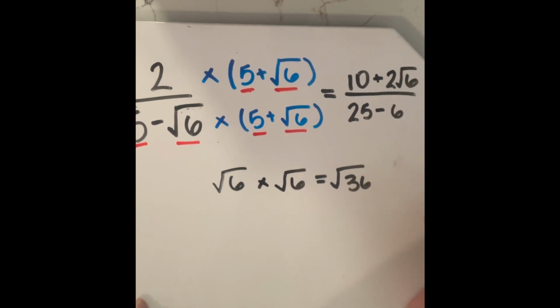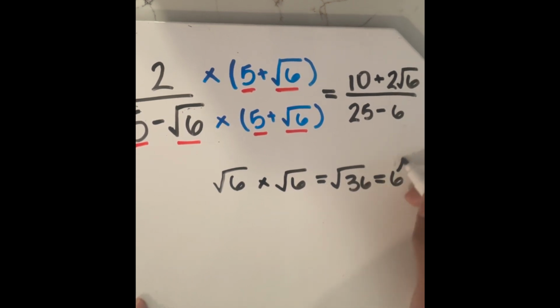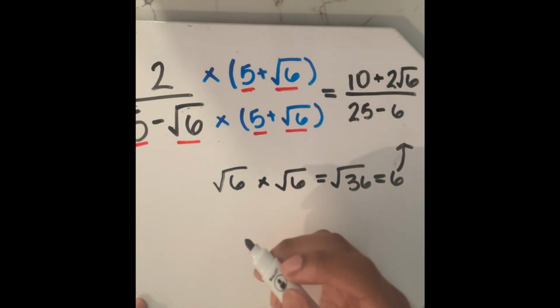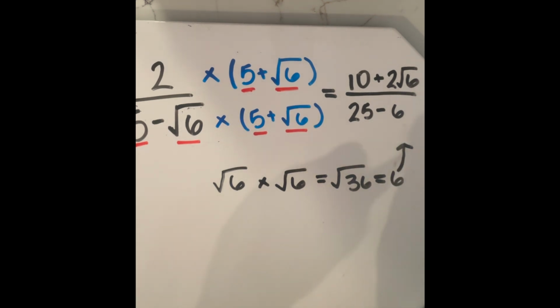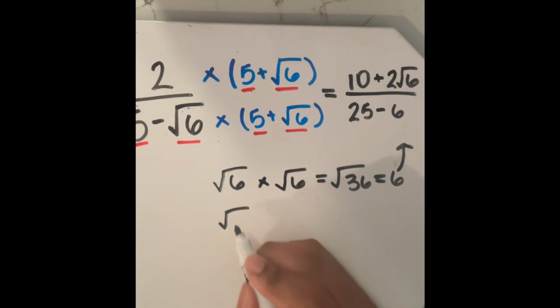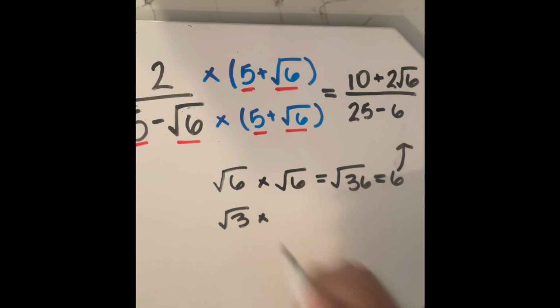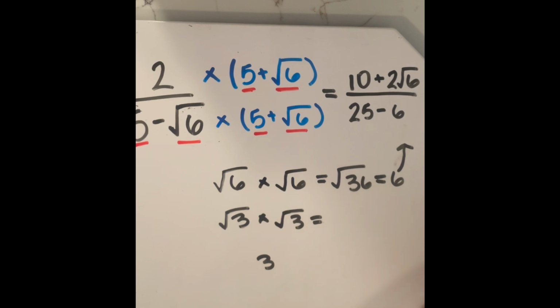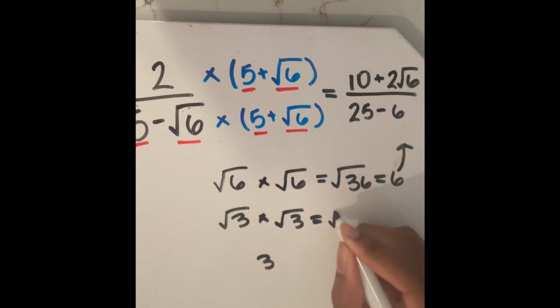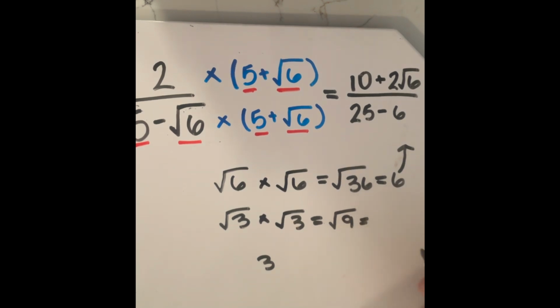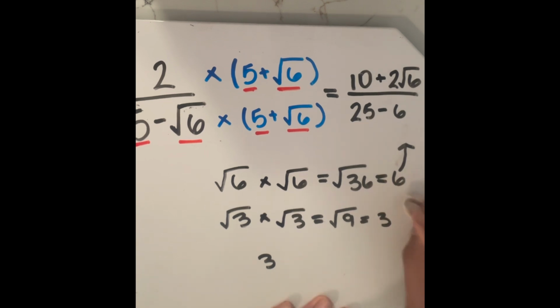And the square root of 36 is 6. Since that applies to all numbers, if we look at 3, for instance, the square root of 3 times the square root of 3 is just 3, because it would be the square root of 9, and the square root of 9 is 3. So there's the reasoning behind that, but I'm going to go ahead and erase this.